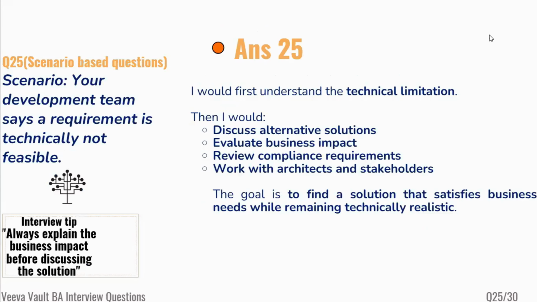All right, question number 25. Your development team says a requirement is not technically feasible. Let's say you are in that position and you have to deal with that scenario. How do you deal with it? You first understand the technical limitation, and you also think about what the alternative approach could be. You deal with the development team and the stakeholder at the same time, evaluate the business impact, review the compliance requirement, and work with the architect and stakeholder, as I already said.